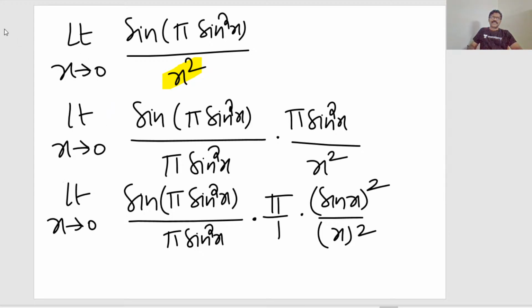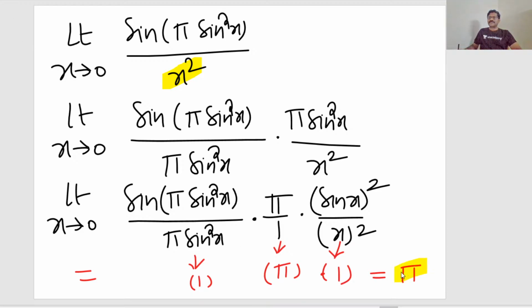It is in the form of sin t by t, t tends to 0. This is 1. This is pi. Sin(pi sin²x) by pi sin²x is 1. So finally 1 multiplied with pi multiplied with 1 is pi. So the answer is pi.